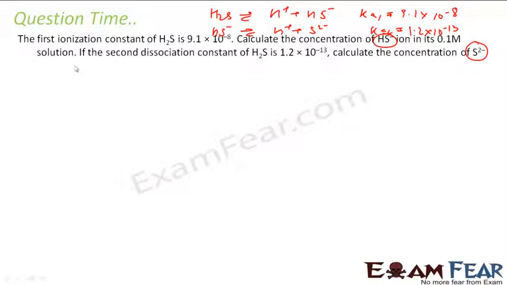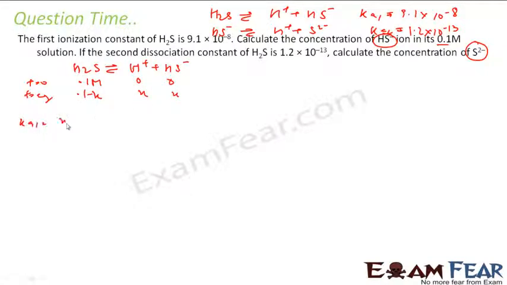So let's take this reaction first. H2S will be in equilibrium with H plus and HS minus. At t equals 0, it was a 0.1 M solution, 0.1 M, 0 and 0. At equilibrium, this becomes 0.1 minus x, this becomes x, this becomes x.